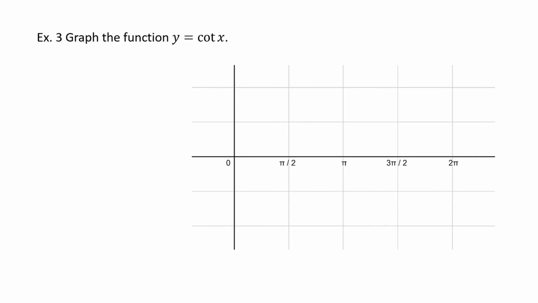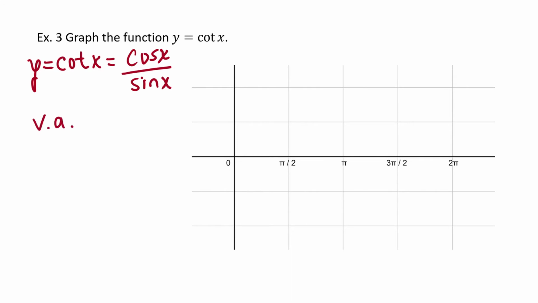Graph the function y equals cotan x. Let's approach this by first rewriting cotan x as its ratio identity, which would be cosine x over sine x. Now, from this we can find our vertical asymptotes. We're going to have vertical asymptotes where sine of x equals 0.